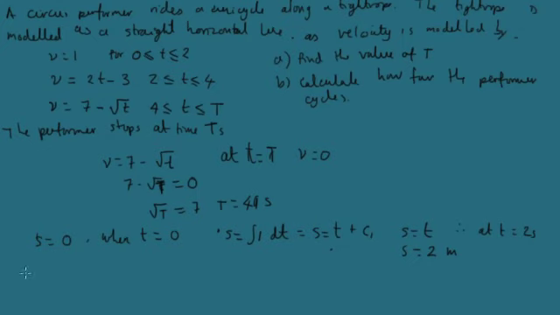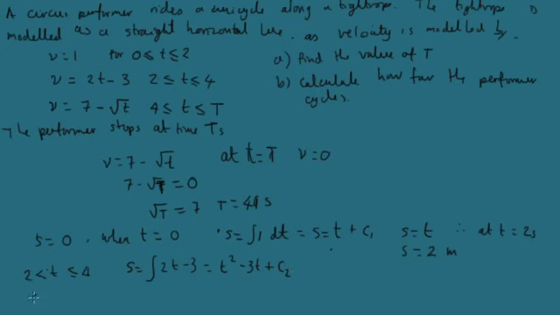Then for t between 2 and 4, s is going to be the integral of 2t minus 3, which will be t squared minus 3t plus some constant c2.